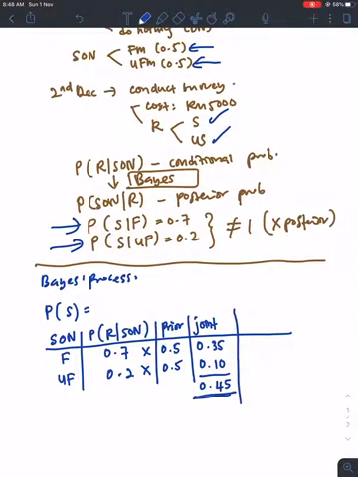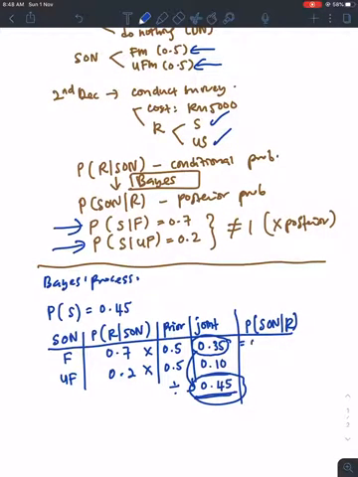Total joint probability equals the probability of success. So, kita dapat dah kat sini, the probability of result success is 0.45. And last column, we calculate the posterior, P SUN given R. How do we calculate the posterior probability? Take the value of joint probability divided by the total of joint probability.